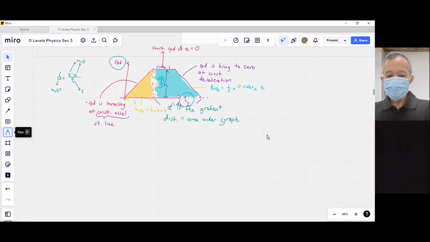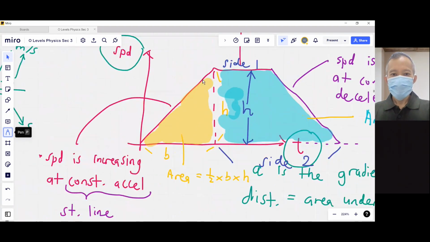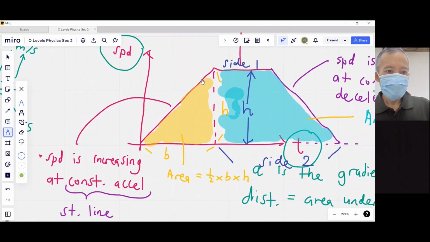All right, so let's say I give you one more example. Let's say this is 0, and this one is, let's say, 10 meters per second, and the time here is 2 minutes.